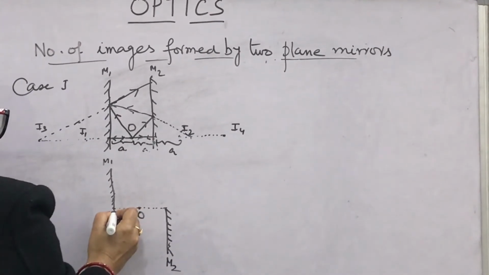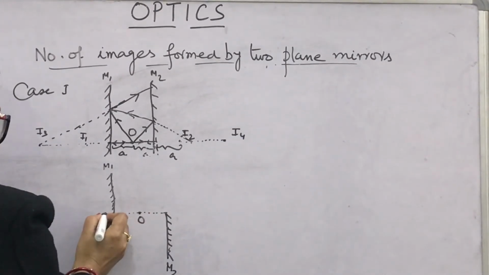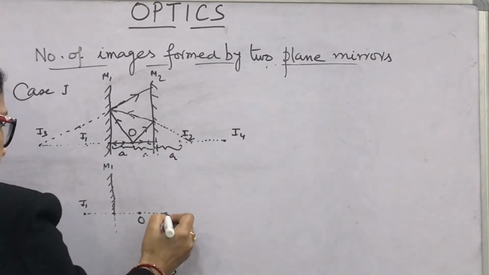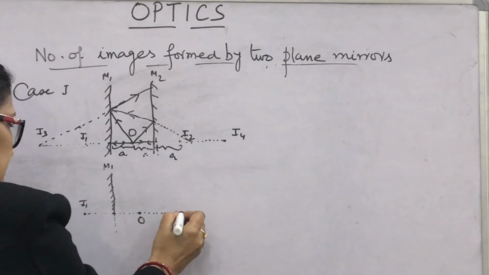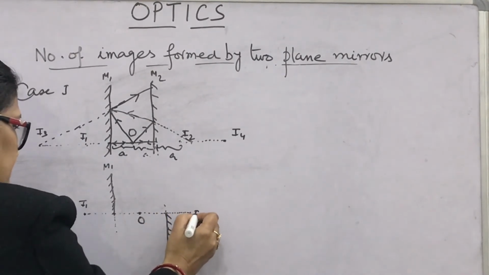What will happen if you suppose this mirror is extended, then at the same distance here behind the mirror, this will be the image I1, and at the same distance behind the mirror, if you extend it further, this will be I2.